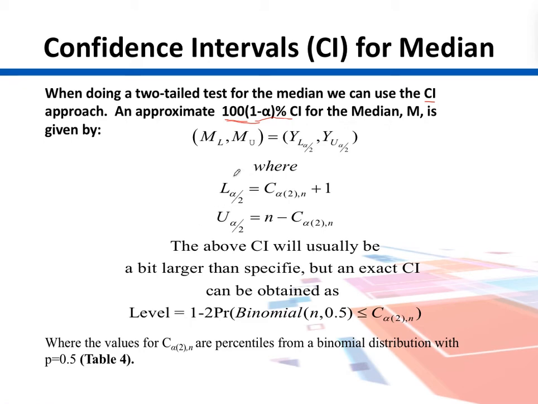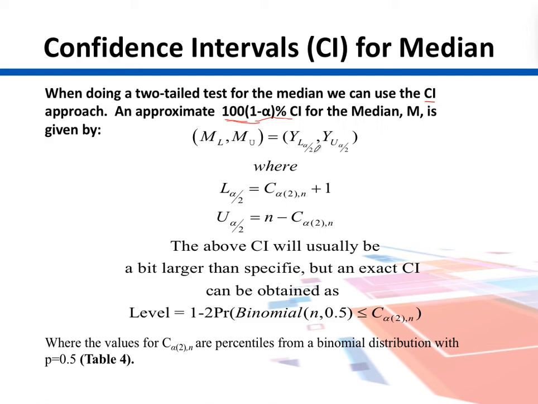So here we get the confidence interval for the median, where ML and MU represent the lower and upper confidence limits, which we can estimate from the actual data. We pick the numbers y at L alpha by 2, since the confidence interval is two-sided, so we go with alpha by 2.